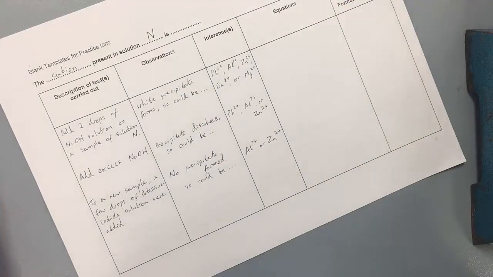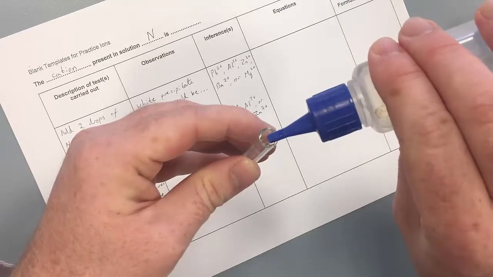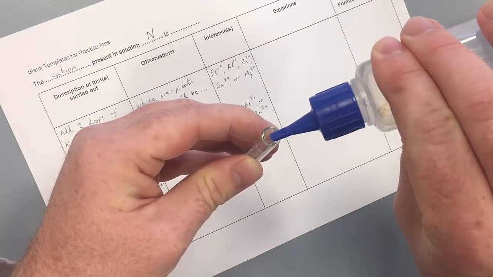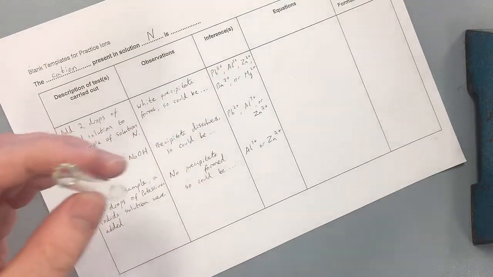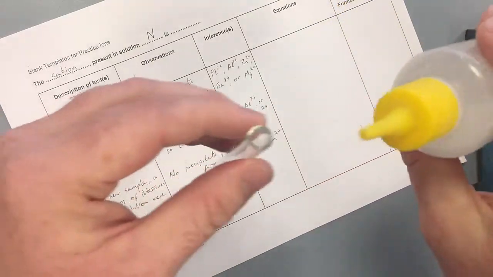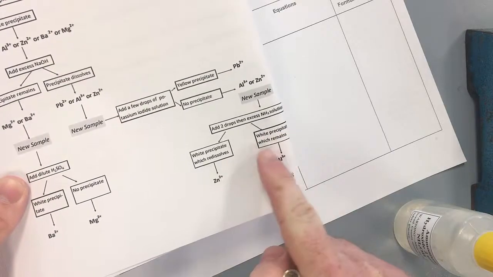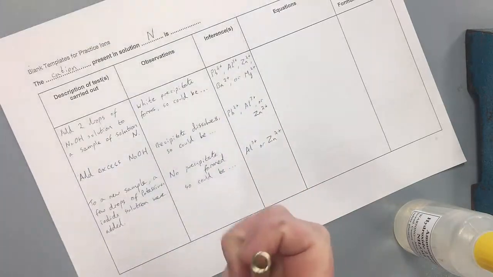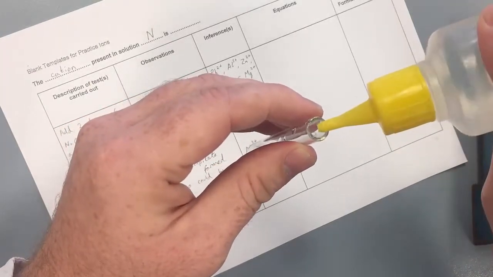So once again, new test tube, solution N, and the ammonia solution here is ammonium hydroxide, and it's 2 drops then excess. Now before I do it, if we get a white precipitate which redissolves, then it's zinc. If we get a white precipitate which remains, then it's aluminium. So here's a couple of drops first.